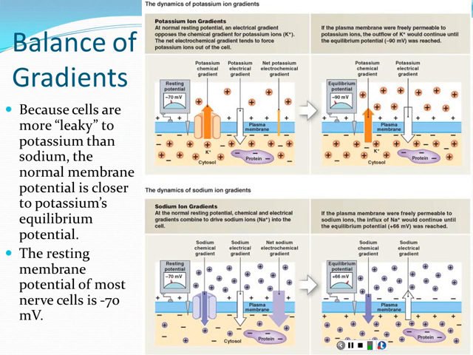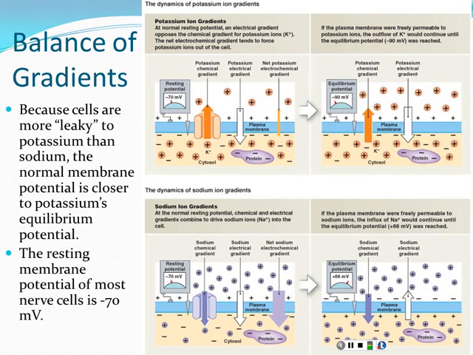In other words, all the potassium doors are open, all the sodium doors are closed. Given the concentration gradient, if we opened all the potassium doors, potassium's going to go rushing out, right? And if a positive leaves, that's going to leave a negative behind, right? So if we did that, what we would find is that the cell would stabilize at minus 90. So a magnitude 90 difference, and inside the cell membrane would be a negative charge.